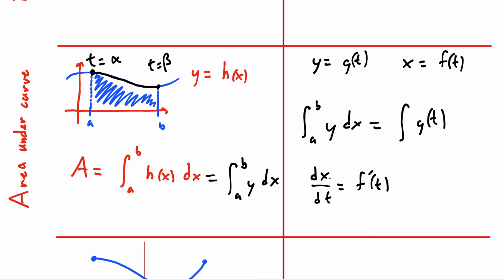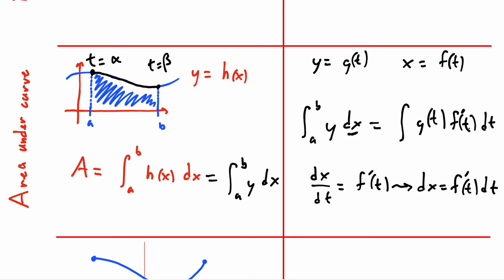I can rearrange this notation and solve for dx. dx equals f prime of t times dt. So if I substitute f prime of t dt in for dx, I will have an integral in terms of t. I replace the dx with f prime of t dt.